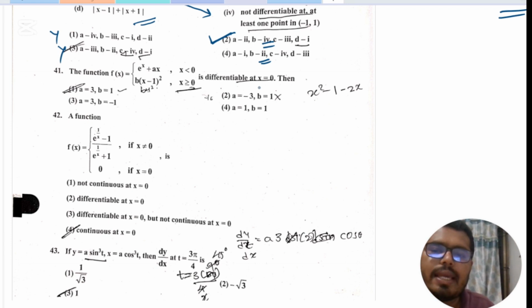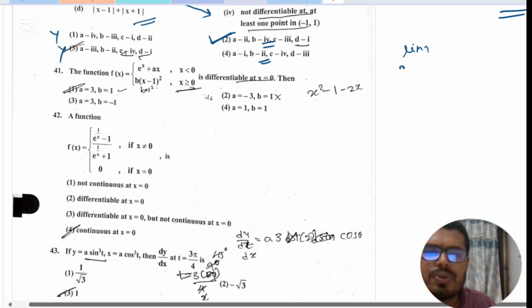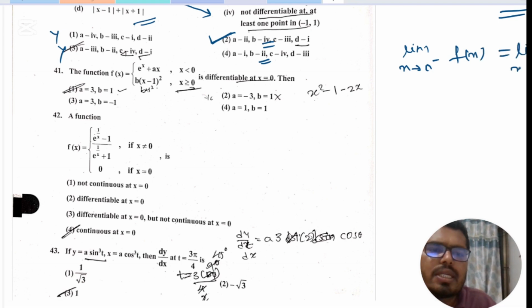Continuous means the limit exists. Apply: the left hand limit is equal to the right hand limit. The limit as x tends to 0 minus of f of x is equal to the limit as x tends to 0 plus of f of x. Okay. Left hand limit as x tends to 0: e raised to 0 is 1 plus 0, which is equal to b times 0 minus 1 square, that is 1. Okay. Therefore b equal to 1 here.